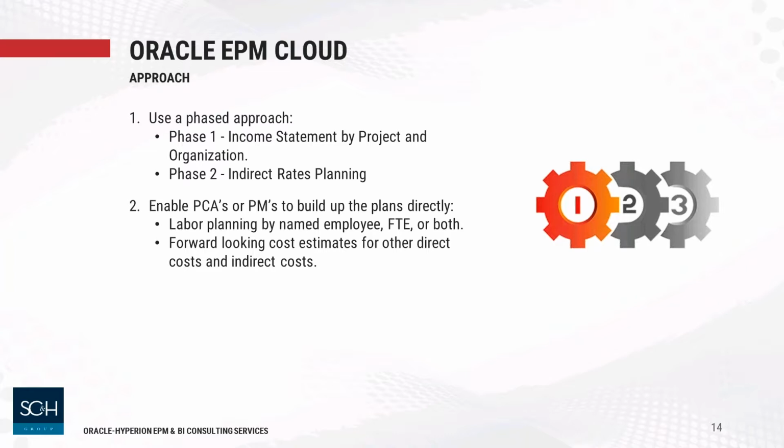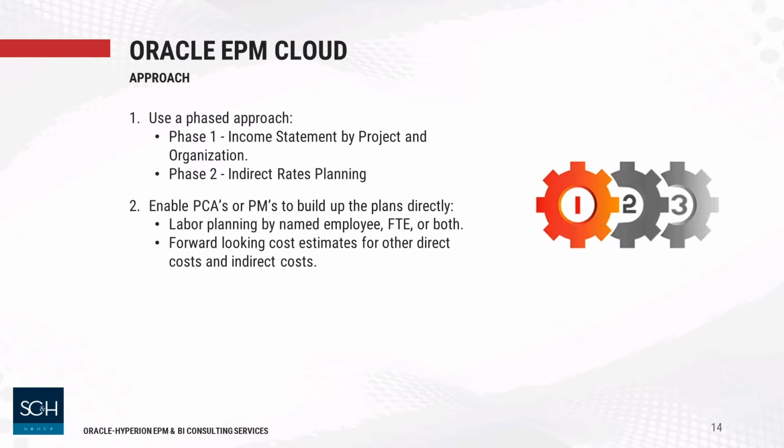Within a government contracting industry planning process, there are a lot of detailed components that are required for accurately building up the P&Ls, once again calling out the indirect rates process. The original inclination is to go with the big bang approach. We recommend against it just because there's a lot of change management and adoption required to implement an enterprise process such as what we're going to be looking at today. And typically what we've recommended is a two-phase approach.